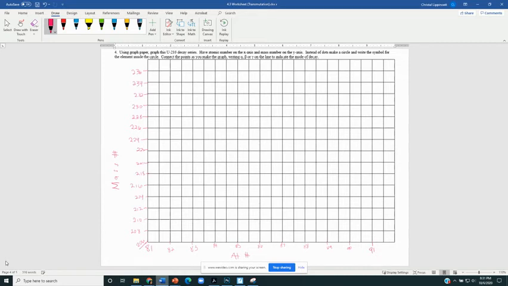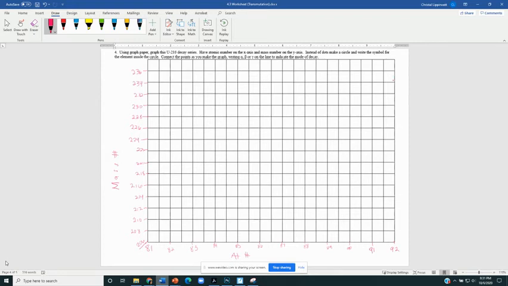So if you want to pause the video and get that labeled, then you can rejoin me and we can get these plotted. All right, so the first one is uranium-235. Uranium is number 92, and it is 235. So I'm going to find 235 here and find 92, and I'm going to put a dot there.